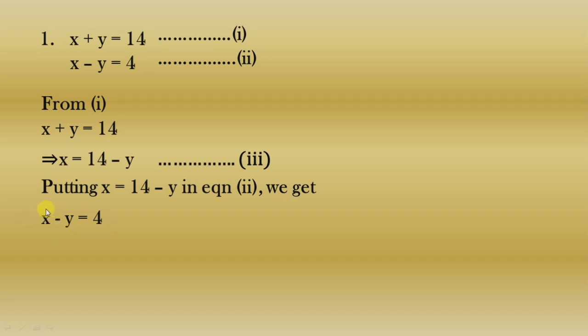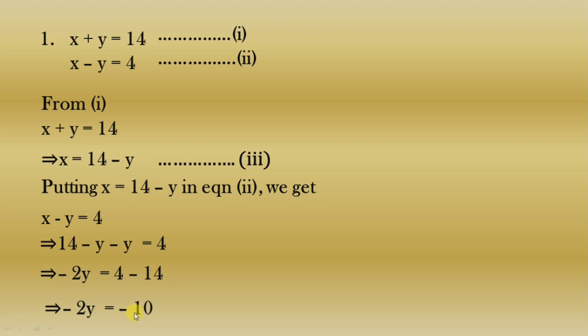So now x is substituted by 14 minus y: 14 minus y minus y is equal to 4. So minus y minus y is minus 2y is equal to 4. When plus 14 goes this side it becomes minus 14. So minus 2y is equal to 4 minus 14, which is minus 10.